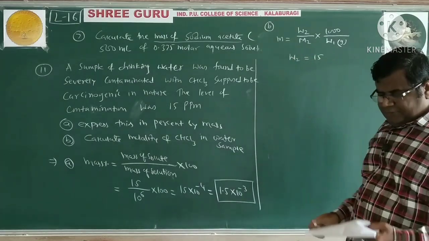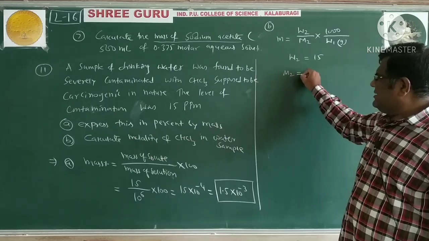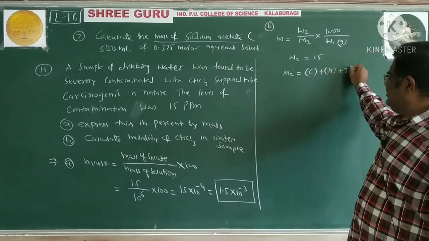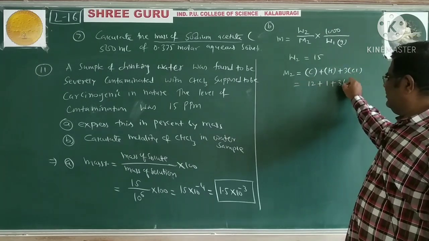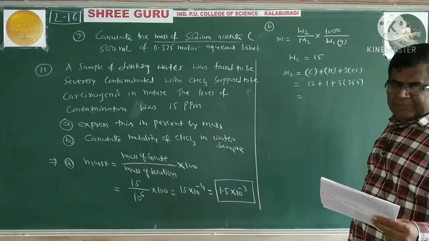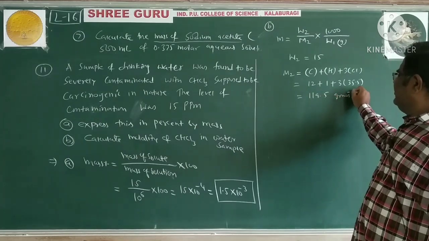This is 15. The molar mass of chloroform: carbon 12, hydrogen 1, chlorine 3 into 35.5, and that happens to be 119.5 gram per mole.